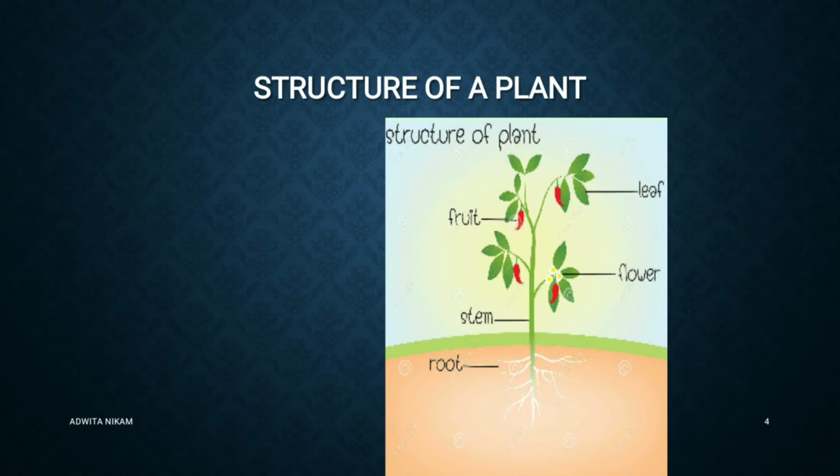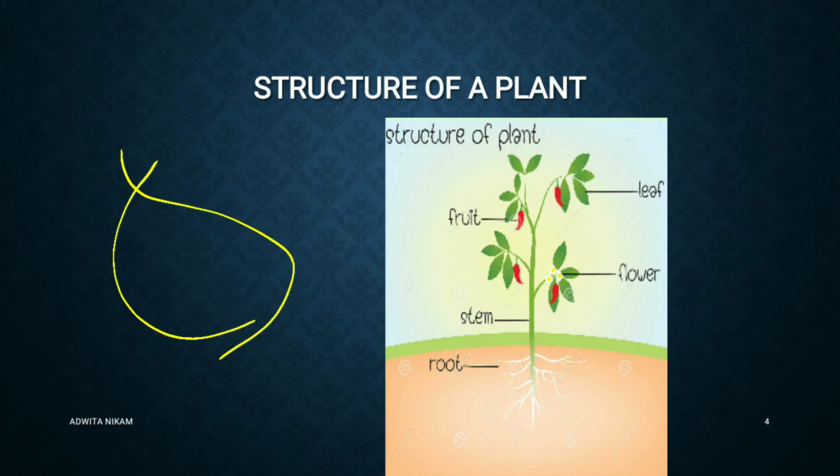And then we come to the root. Or first we will go to, what do you think, the leaf? Okay, so the leaf is flat. So when we draw a leaf, we draw like this.